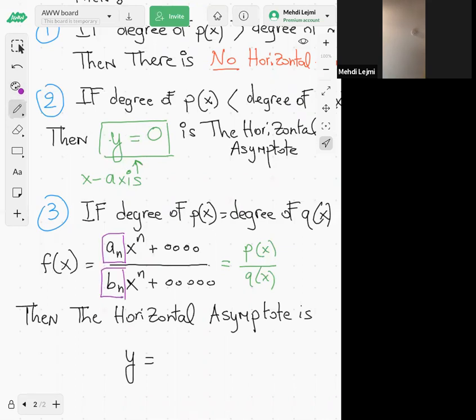So that's a subscript n over b subscript n, the leading coefficients of p of x and q of x.